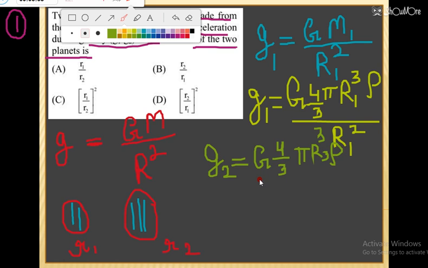Now density is the same because they are made up of the same material, so by R2 square.